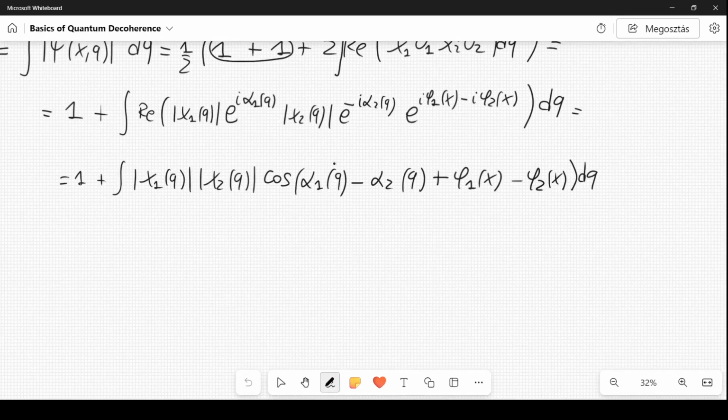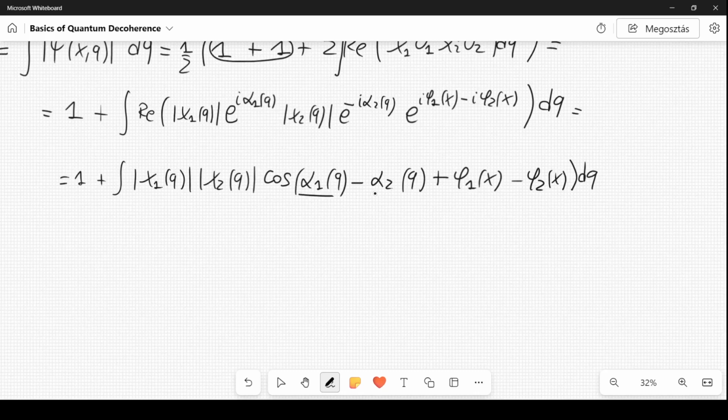Now, this is an interesting part at this point because you can see that the interference is given by this integral here. And if, for example, the mode of the two, let's call them waves, related to the action of the environment, if the two magnitudes are similar or relatively constant as q changes, then we are summing these cosines.